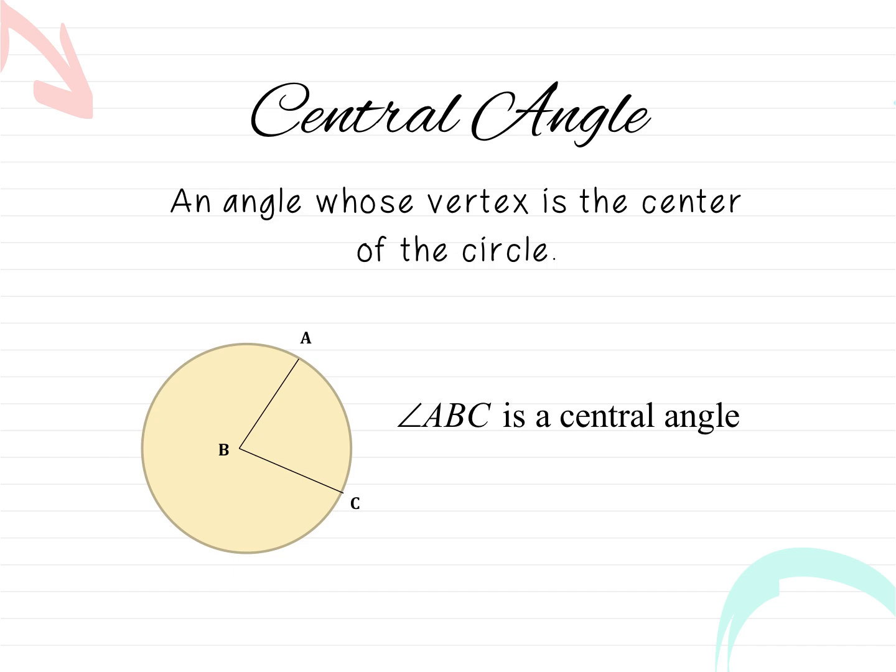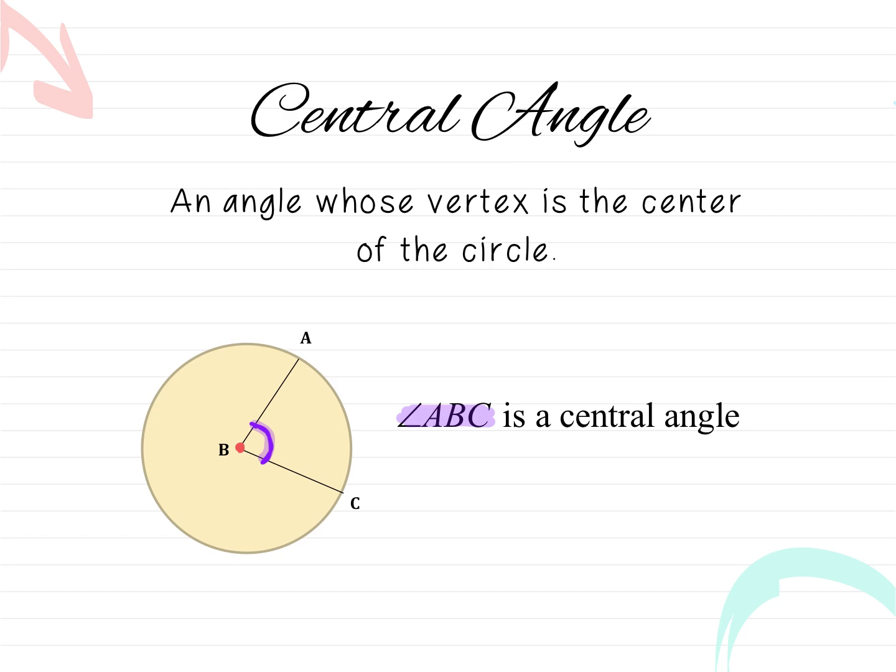This is going to be angle ABC, where my angle is. That's angle ABC right here, and it's a central angle because it's at the center of my circle. This is called circle B.